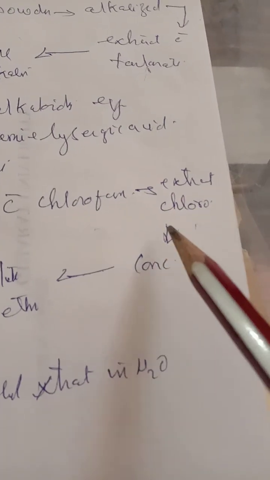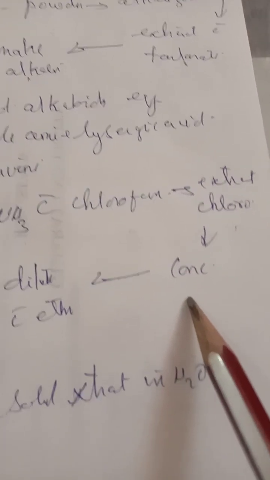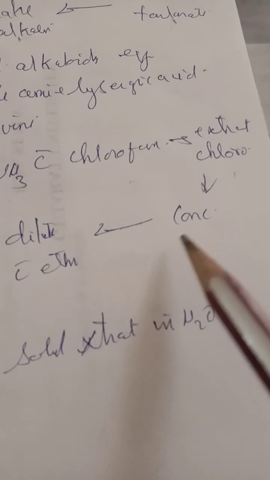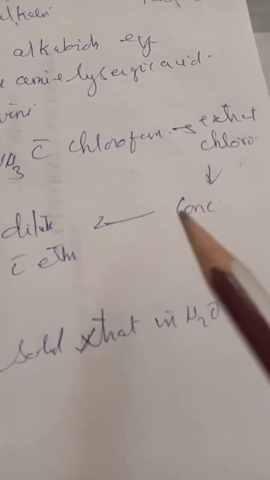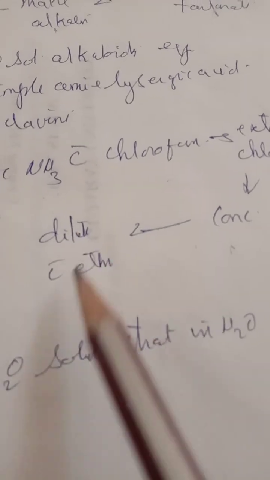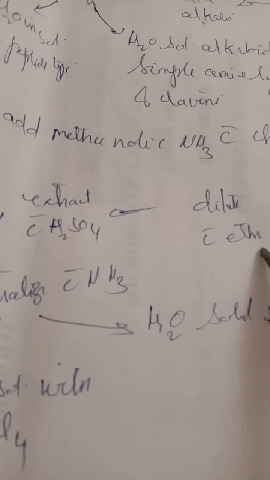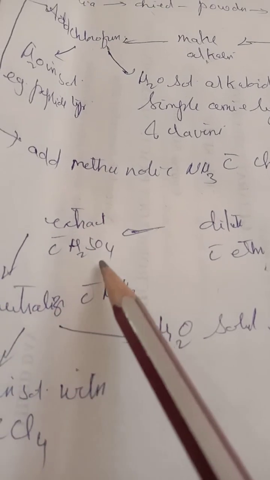Now this chloroform is volatile, so you concentrate it and the volume will reduce. This chloroform has the ergot alkaloids. Now after concentrating, you dilute it with ether, and you extract using sulfuric acid.